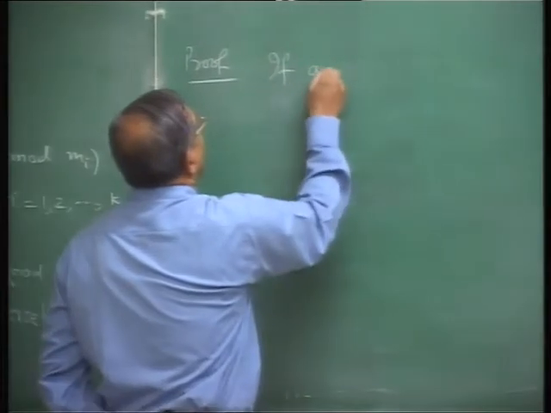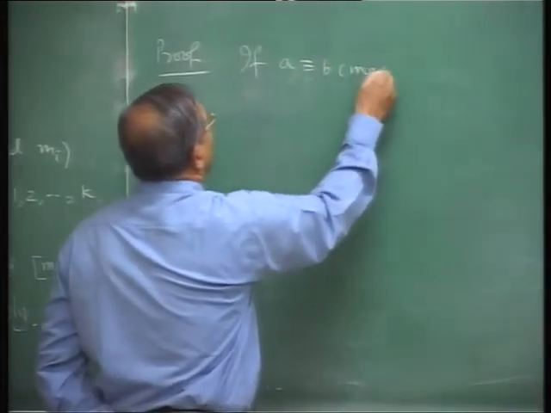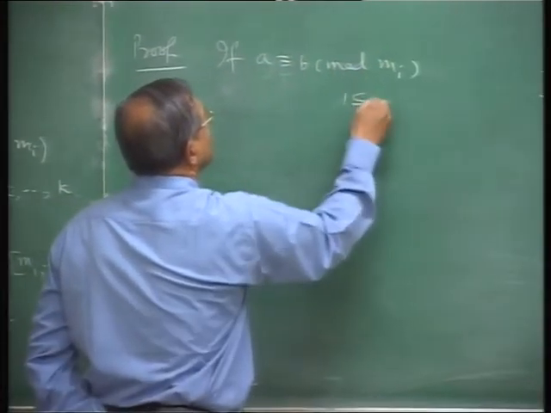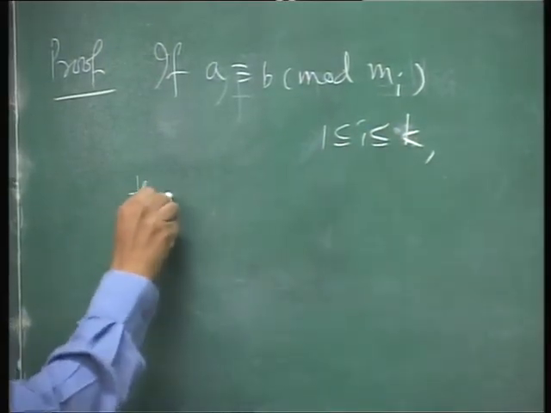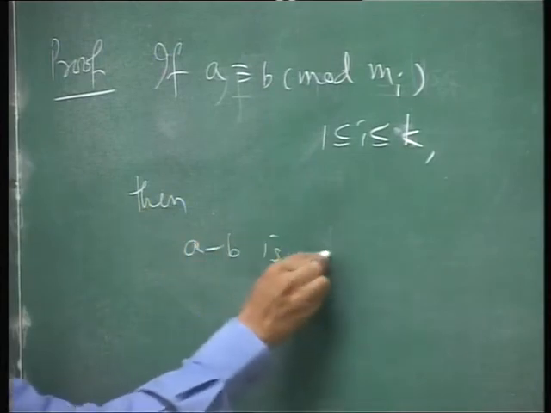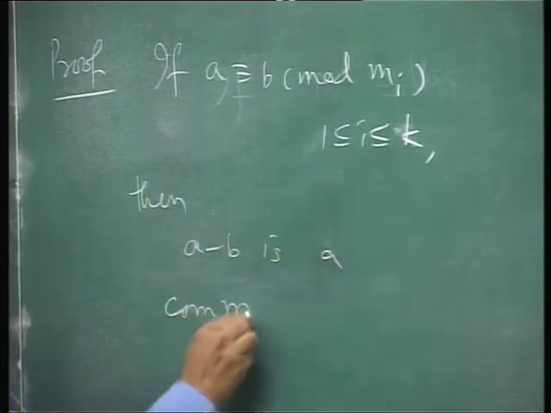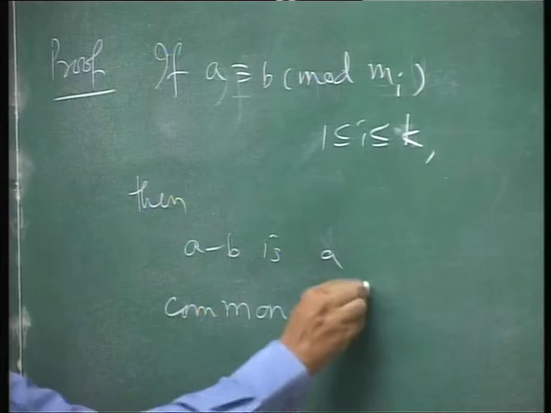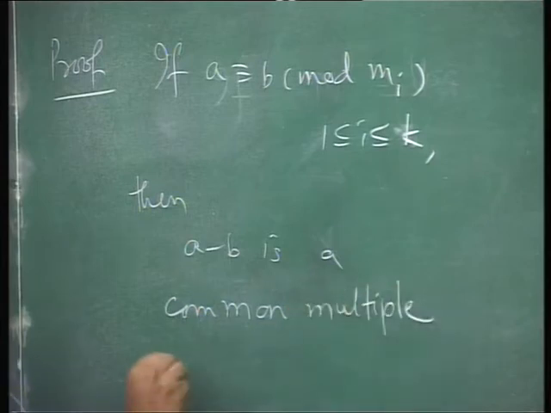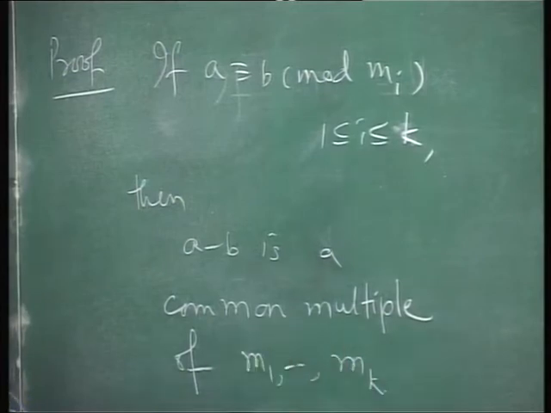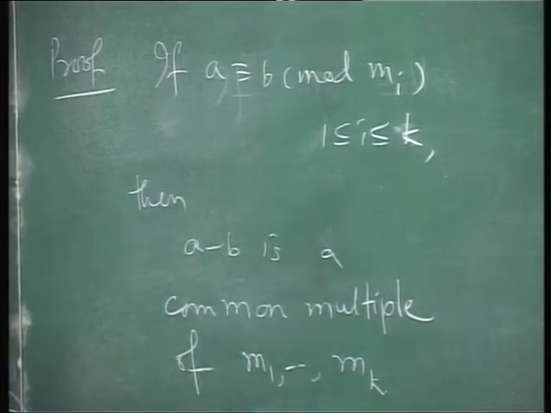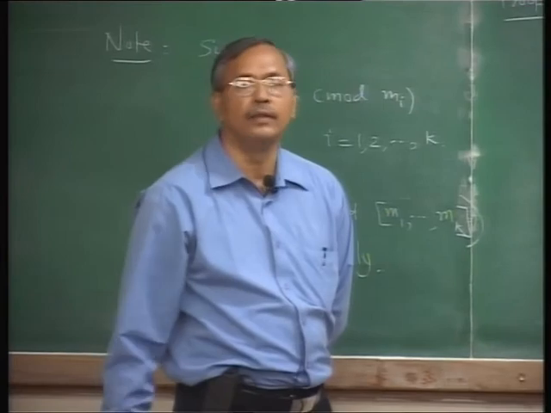If A congruent to B mod mi for 1 less than or equal to i less than or equal to k, then A minus B is a common multiple of m1, m2, ..., mk. Any common multiple of m1, m2, ..., mk is divisible by the least common multiple.